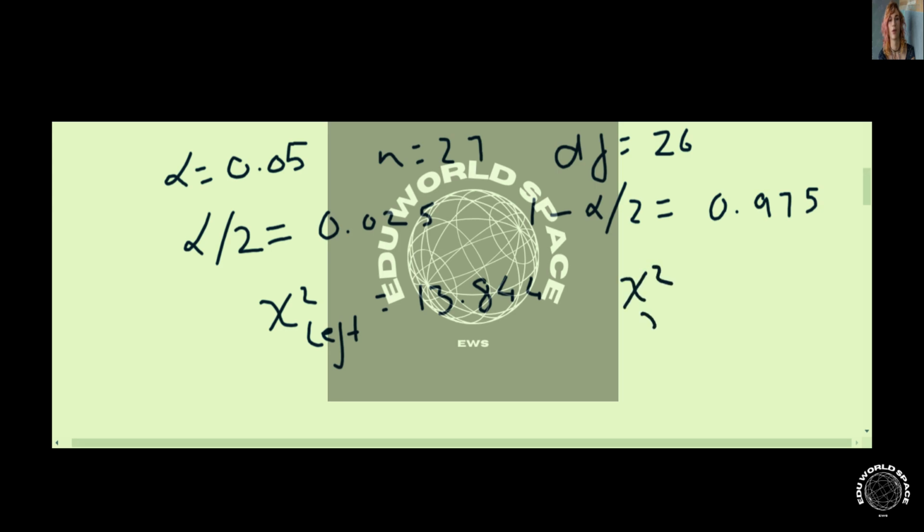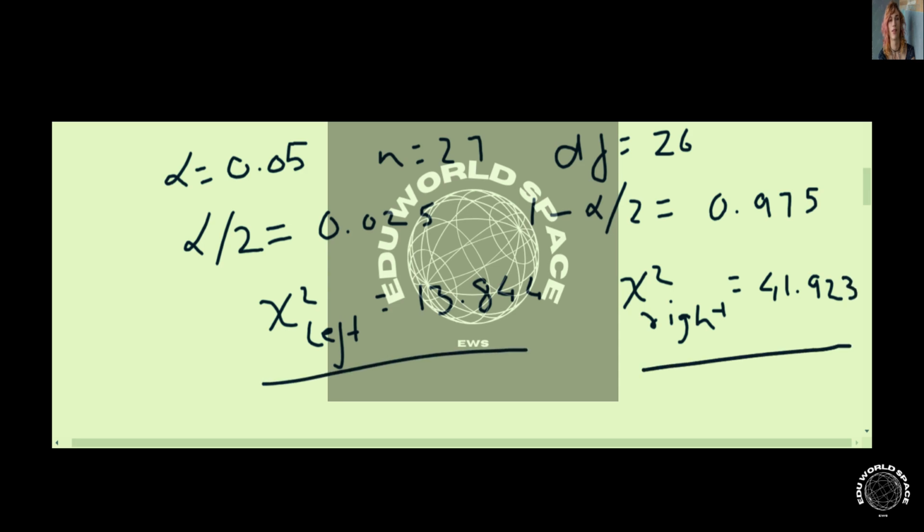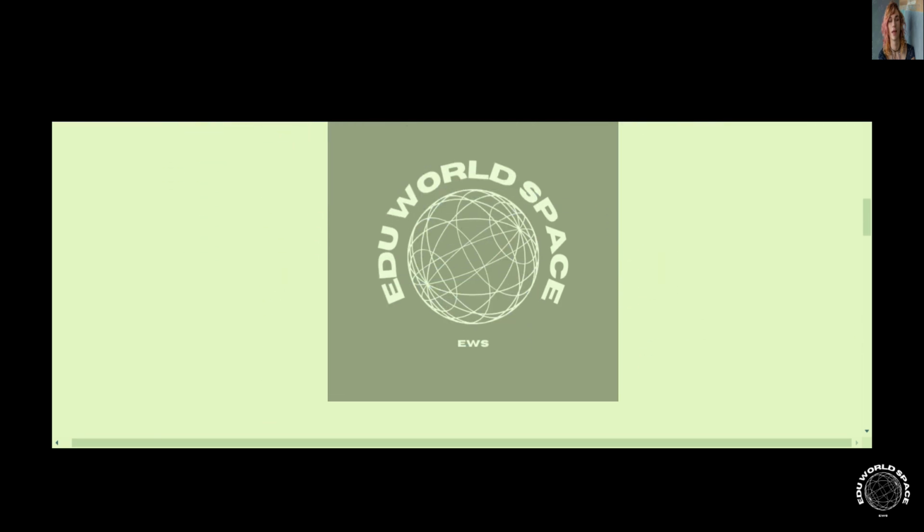And chi-square right would be chi-square 0.025 with degrees of freedom 26. This value, chi-square right, would be 41.923. Now we found the chi-square left and chi-square right values for part C. Let's move on to part D.